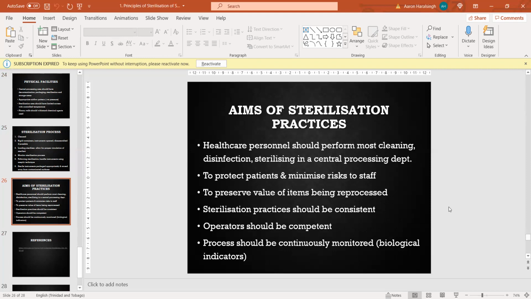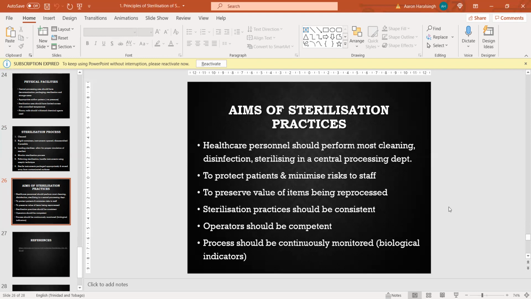The aim of these sterilization practices is multifold and involves a few key things. Firstly, the healthcare personnel should perform most of the cleaning and disinfection and sterilization in the central processing department. It is meant to protect patients and minimize the risk to staff.